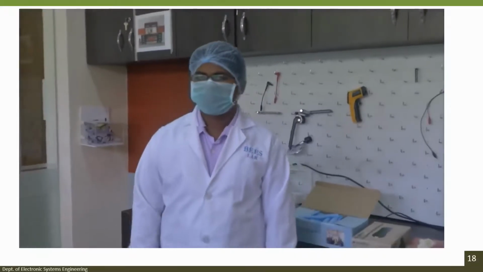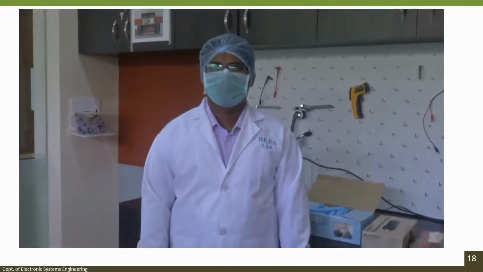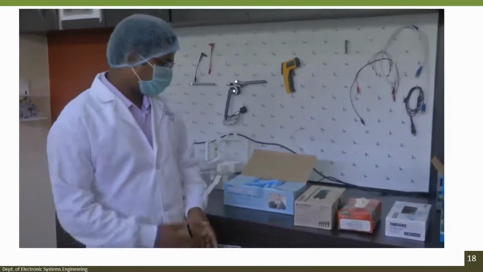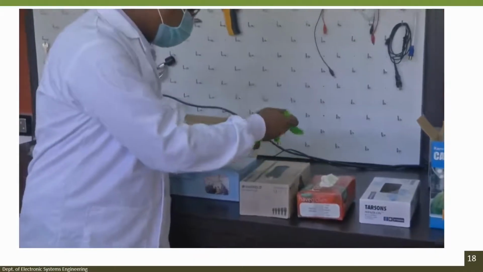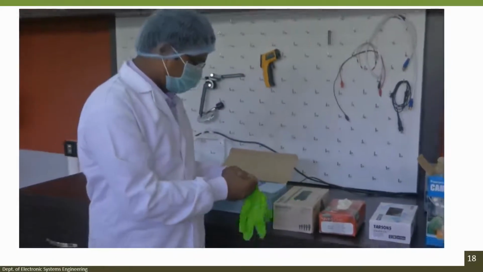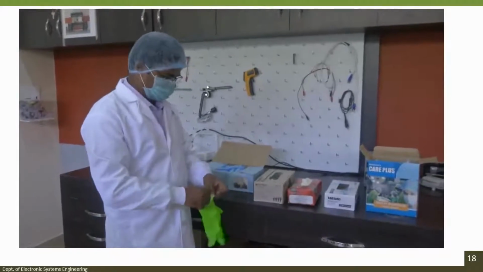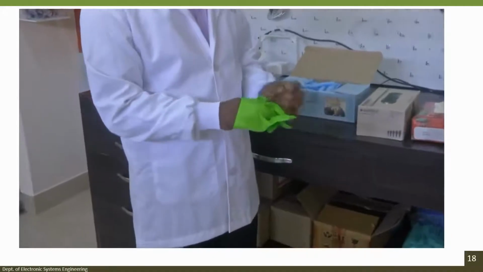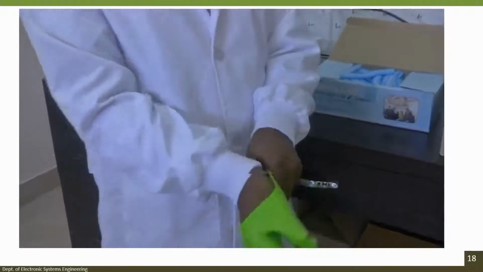So now that we have the hairnet on, let's see how the gloves are chosen and worn. There are 3 sets of gloves. Considering he would just do the normal work under a workstation, like studying or characterizing his devices, he would go with the nitrile gloves of a particular size that fits him right.